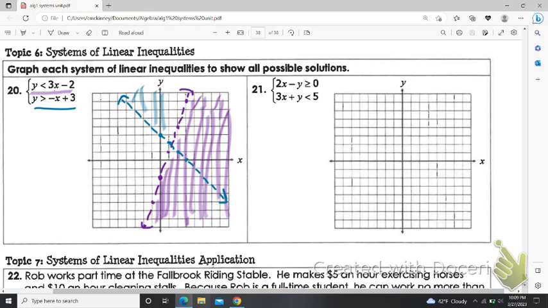So if it's on this side of the line, it's everything on this side of the line. So the section that is blue and purple is the section that is actually the solution to the system. You could leave just blue and just purple, but this section is the solution to the system.